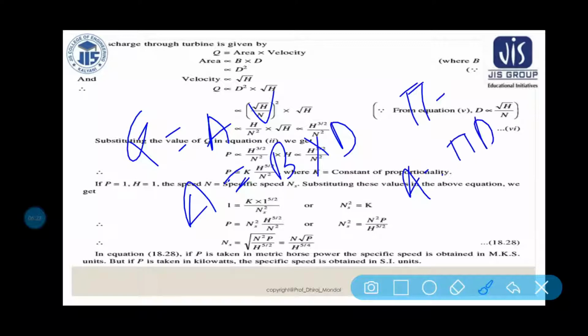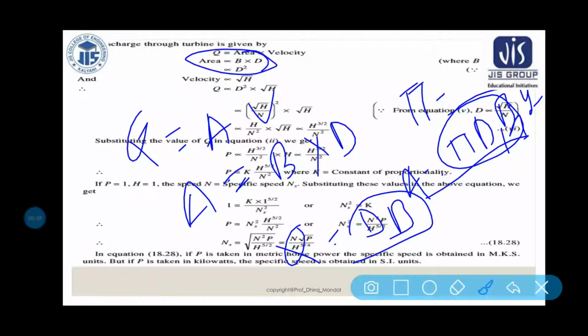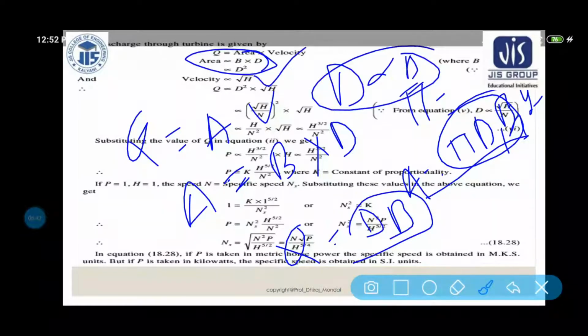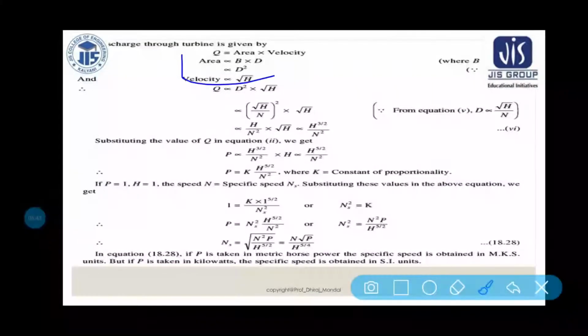Pi d1 b1 into vf1. Can I write this? So basically this area is pi d1 b1. So q is proportional to d into b. Can I write this? So that is written here, and as we know that d is proportional to b, that is why area is proportional to d square. So up to this it is clear.